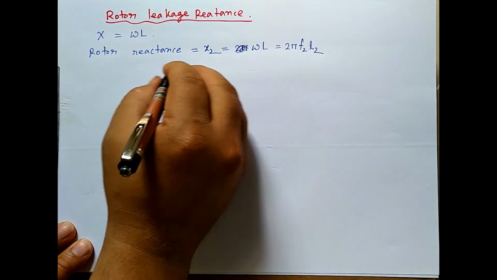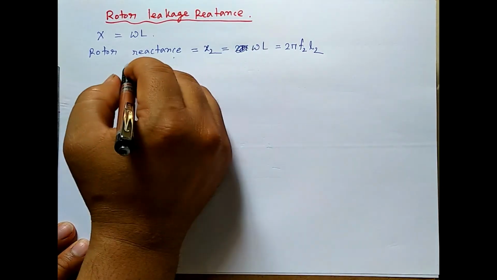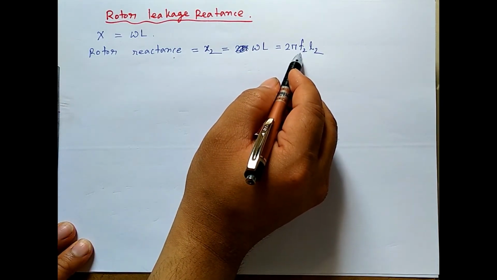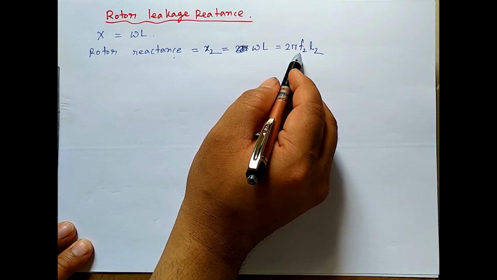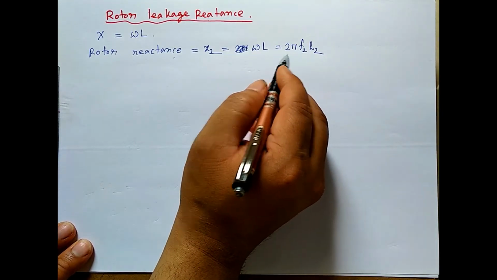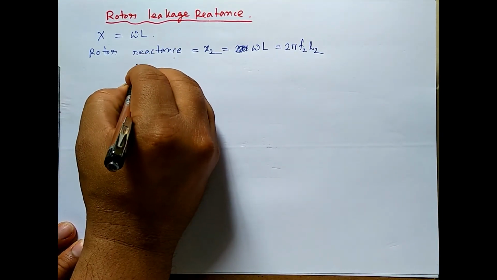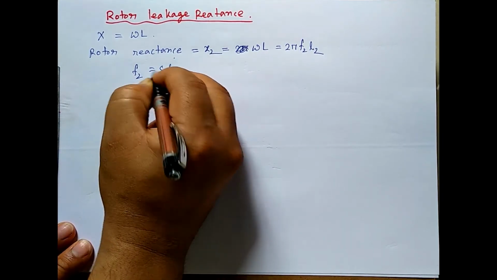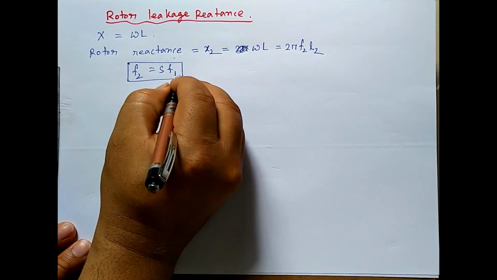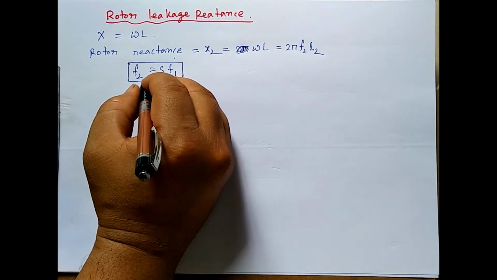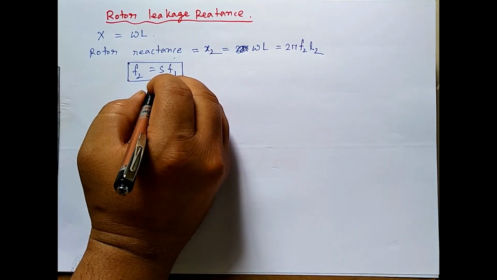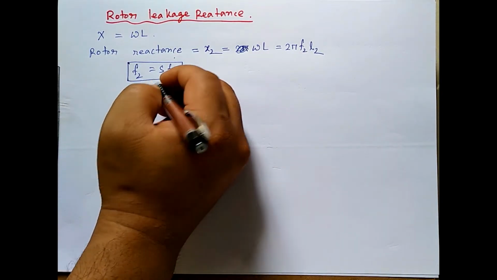That means the rotor reactance depends on the rotor frequency, and there is a relation between rotor frequency and supply frequency, that we already know: F2 equals slip into supply frequency.